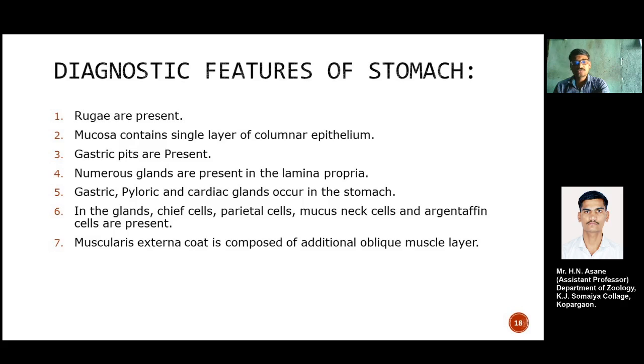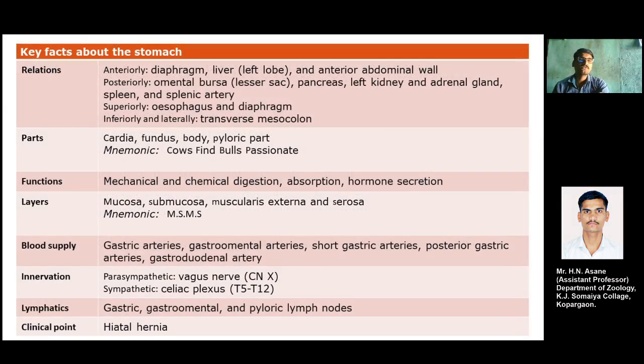So, the key facts. Let's summarize all the relations of the stomach, all parts, functions, and layers. First, the relation of the stomach to its neighboring organs. Anteriorly, the stomach starts from the diaphragm, and there are the left lobe of the liver and the anterior abdominal wall.